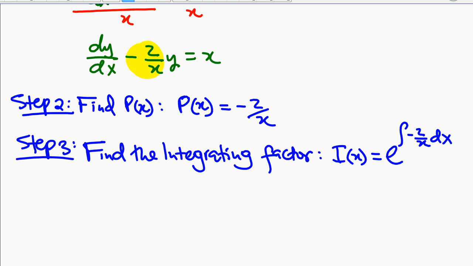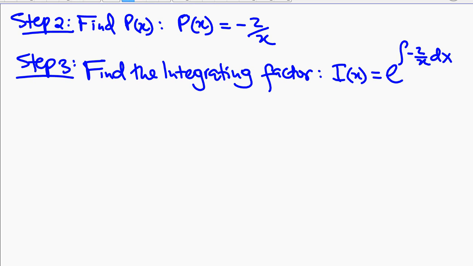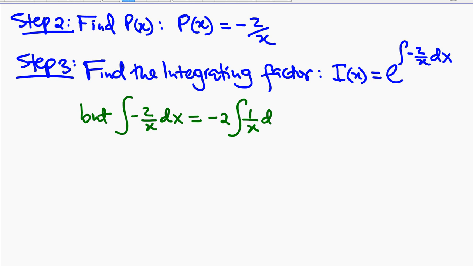So what you have to do now is to find that integral. The integral of negative 2 over x dx will be equal to negative 2 times the integral of 1 over x dx, which will be equal to negative 2 ln x, plus c, and we ignore c.